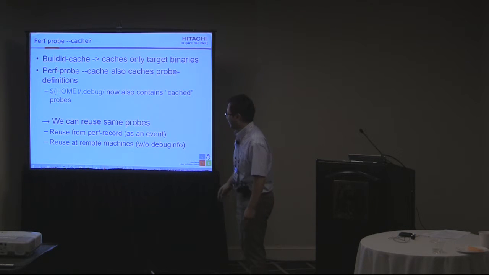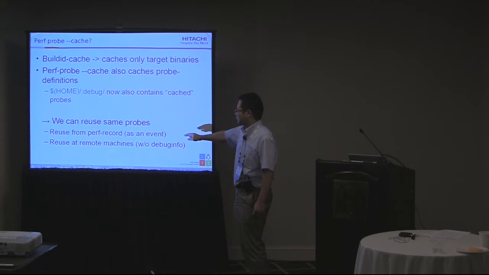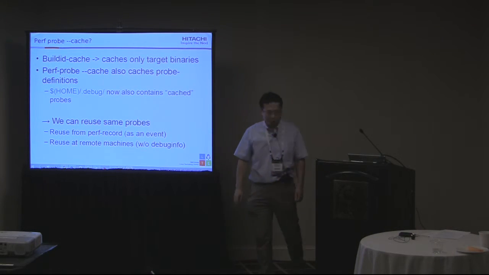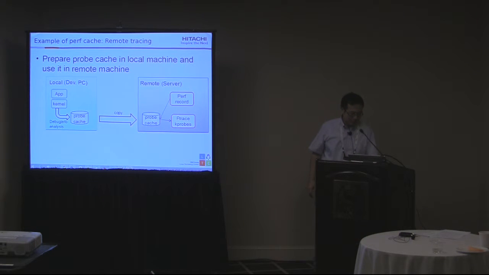So we can reuse them from perf record as an event, or reuse them at remote machines without the debug info. Does that mean I can probe on one machine and then copy my .build ID directory to other machines? Right.